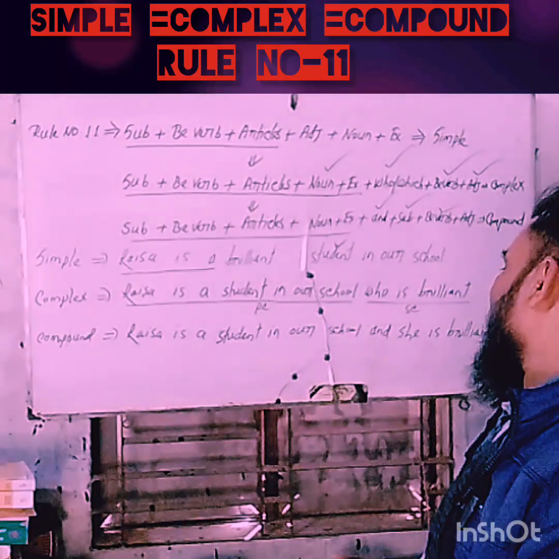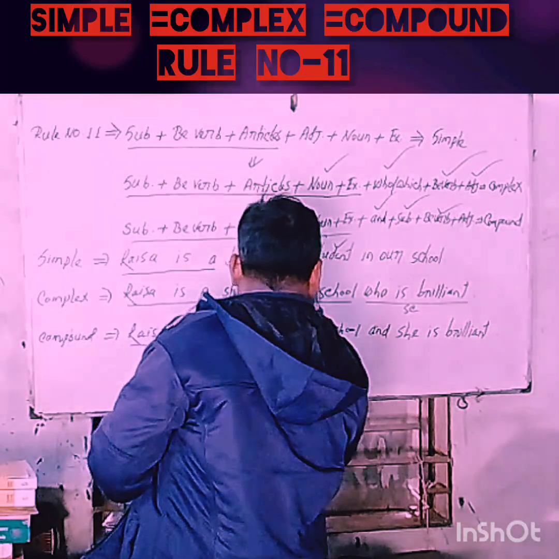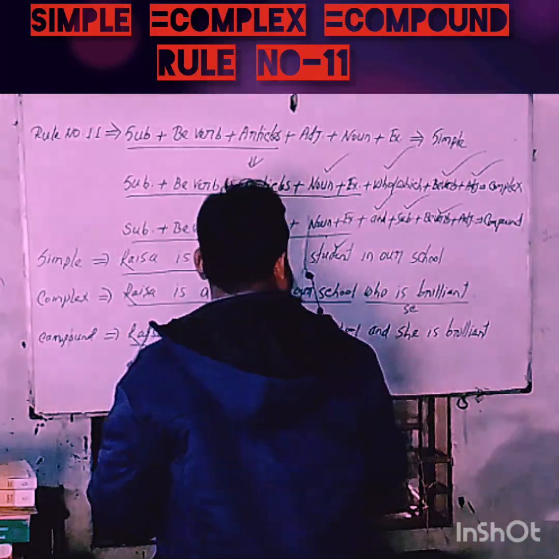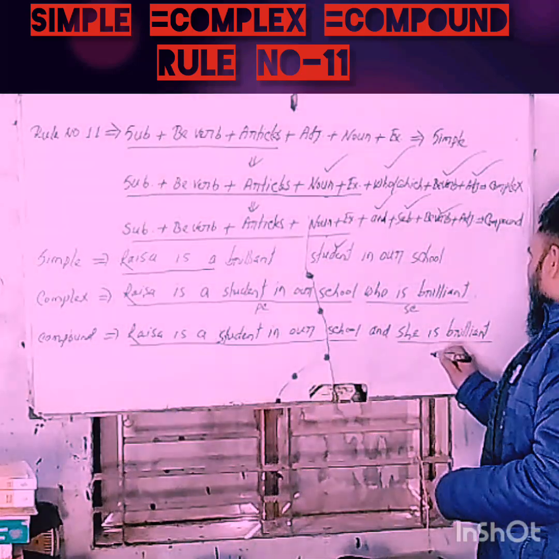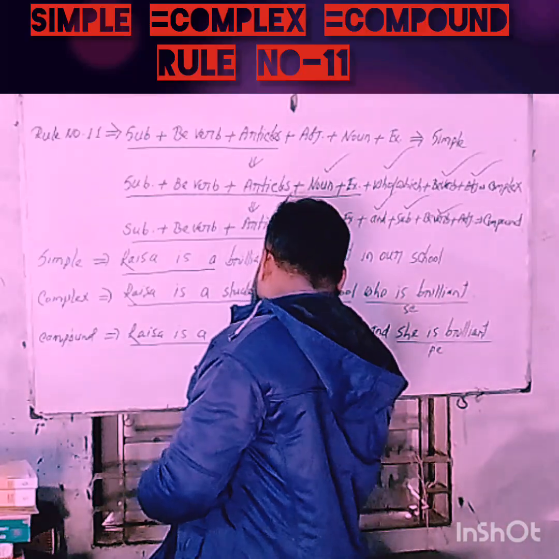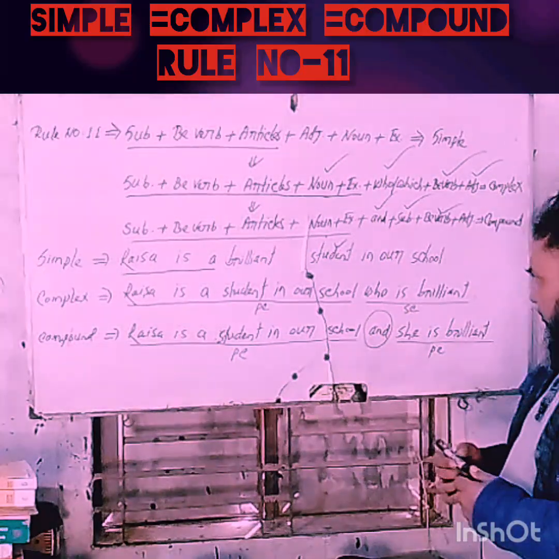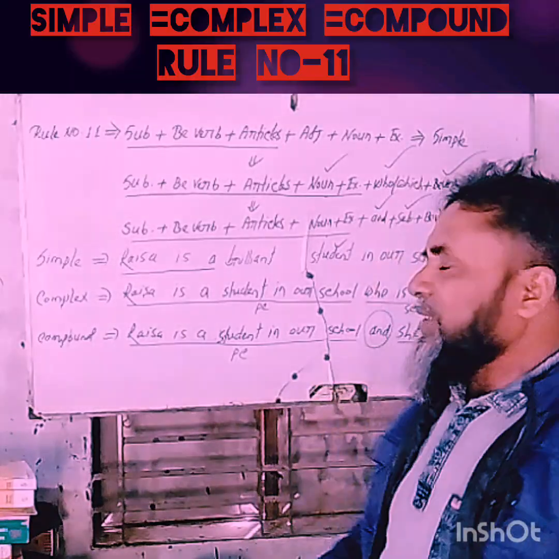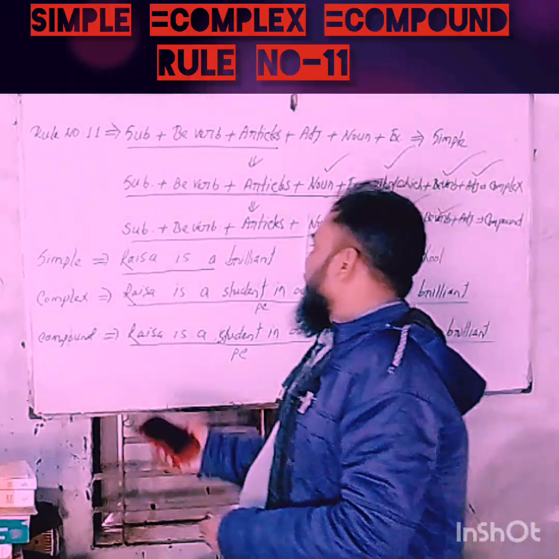This sentence has already been changed into a compound sentence because, according to the definition of a compound sentence, you know that a compound sentence is a type of sentence which has two clauses joined together by a coordinating conjunction. Hope that you have understood clearly.